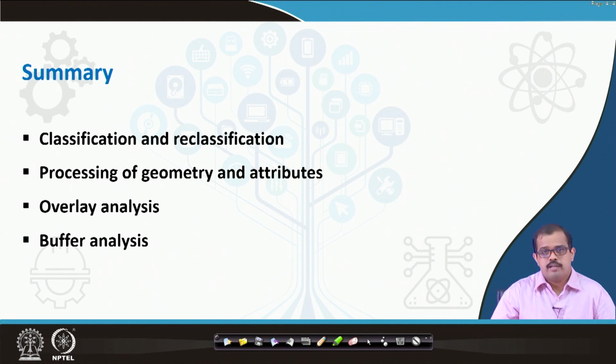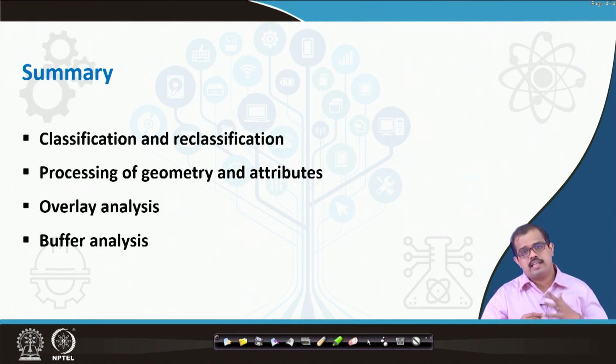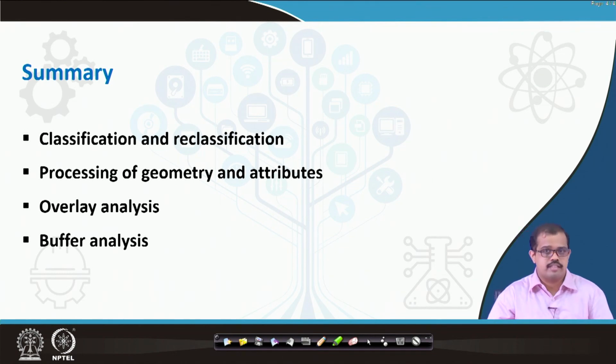To summarize this class, we looked at both classification and reclassification. Classification is equivalent to thematic representation. We are trying to classify based on certain attributes that are there in the data set. Then we looked at how we process geometry and attributes, and overlay analysis, which is extremely useful. We looked at union and intersect functions.